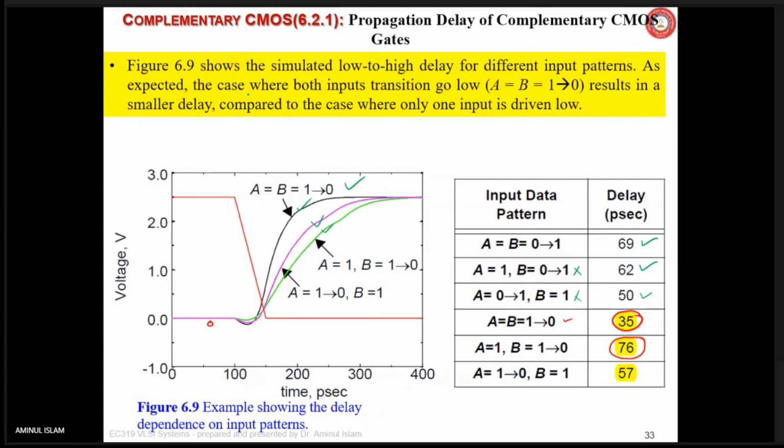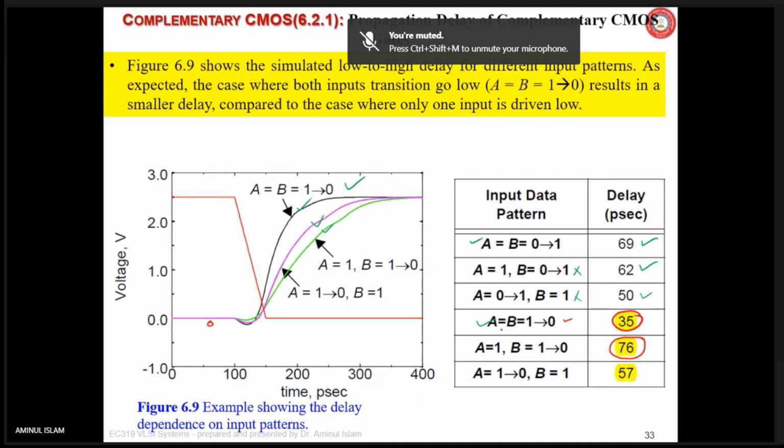As expected, the case where both inputs transition, both were high initially, and are going from high to low.